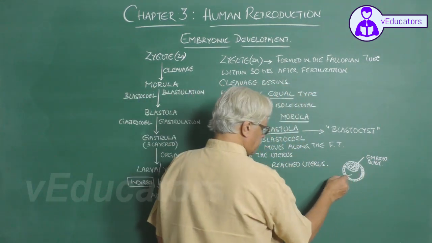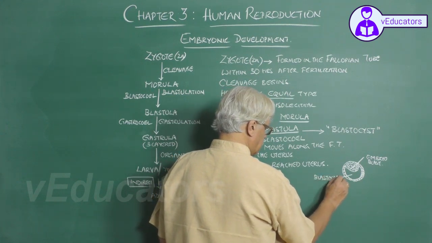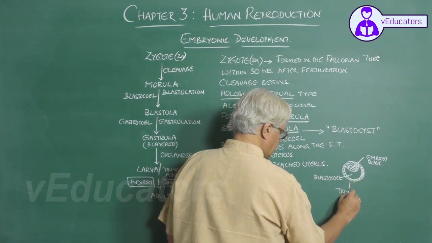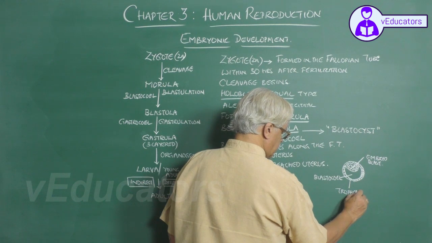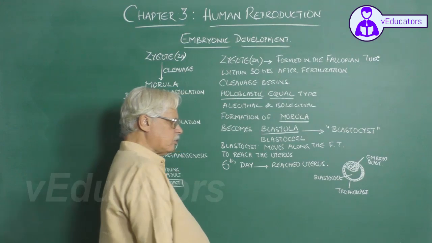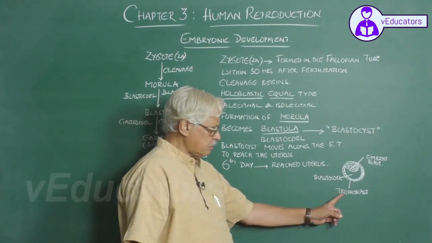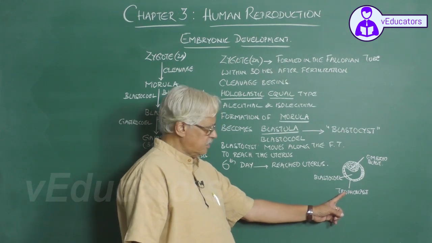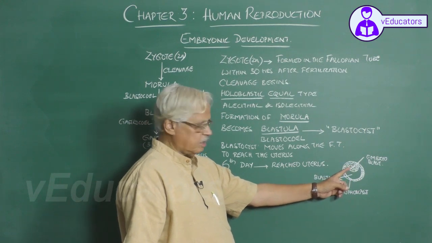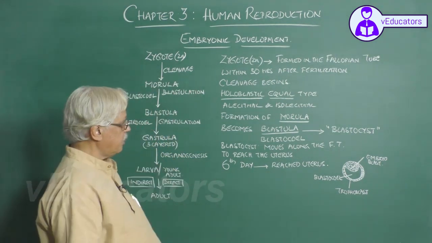This is the cavity, blastocele, and this is the rest of the embryonic cells, representing a layer called trophoblast. It is called trophoblast because these cells provide nourishment for the embryoblast. Embryoblast is supposed to develop into the future embryonic stage.